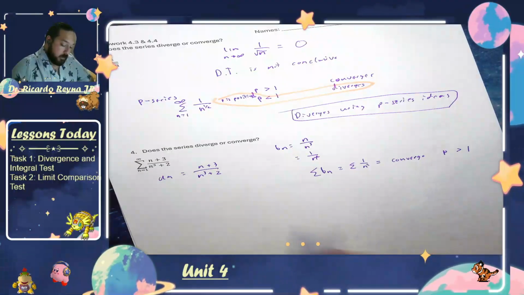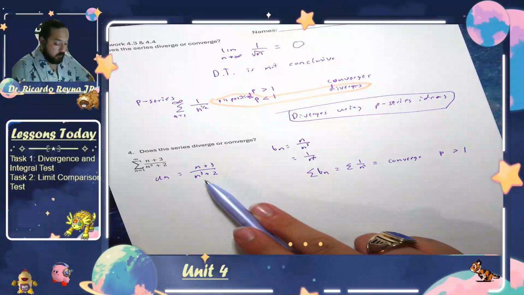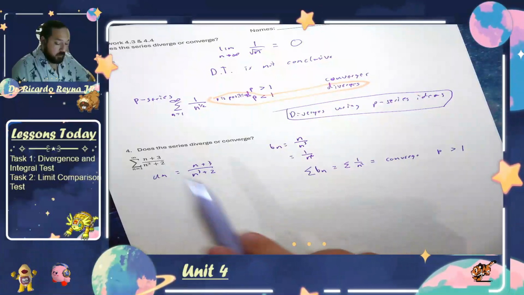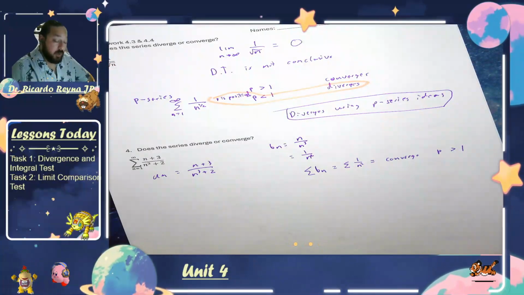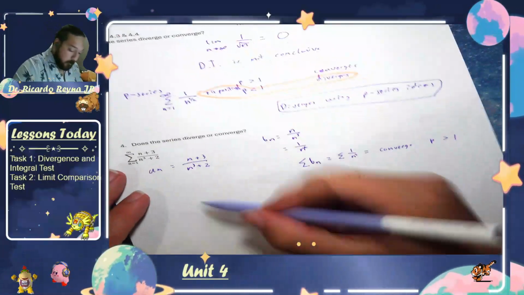Because if this converges and we divide the two and we get a non-zero L, then this guy will match this result, which is converging. So let's go and do that.